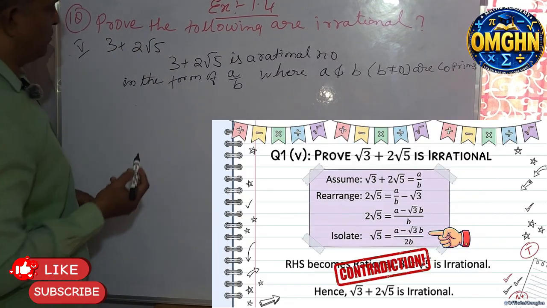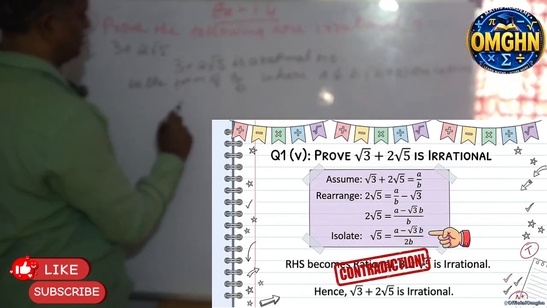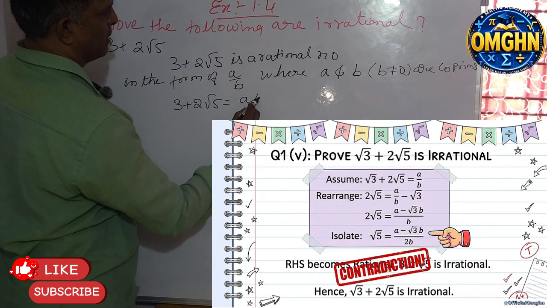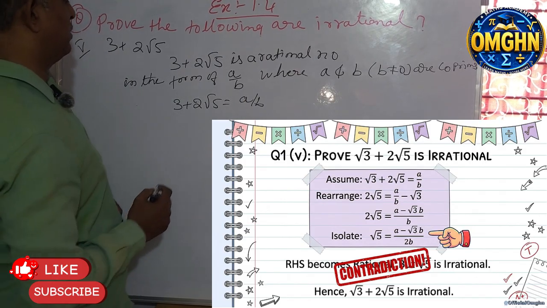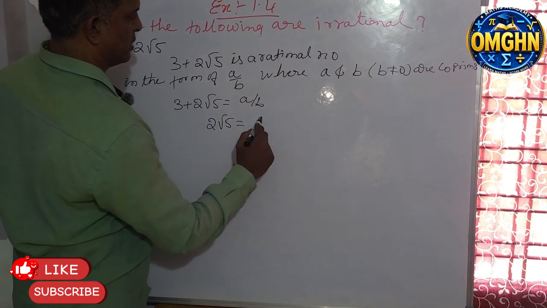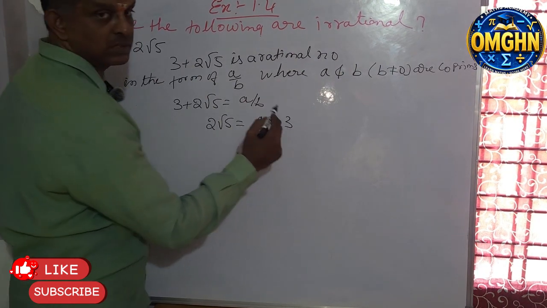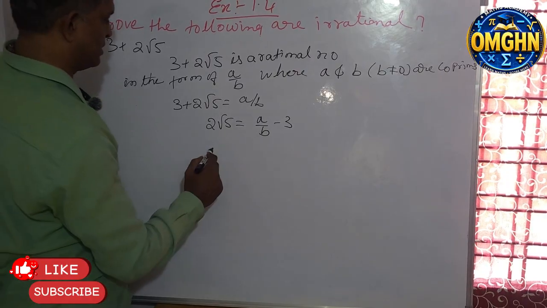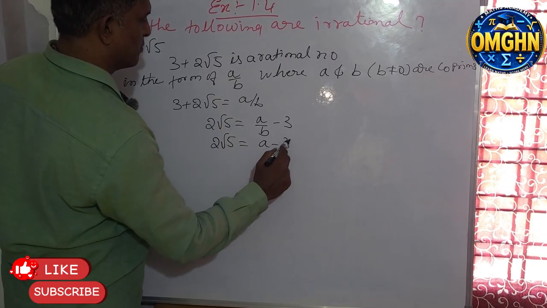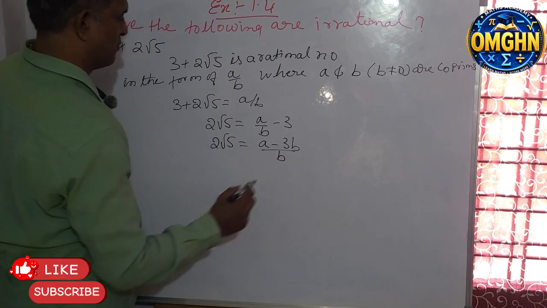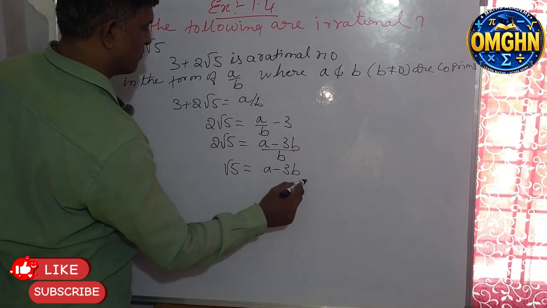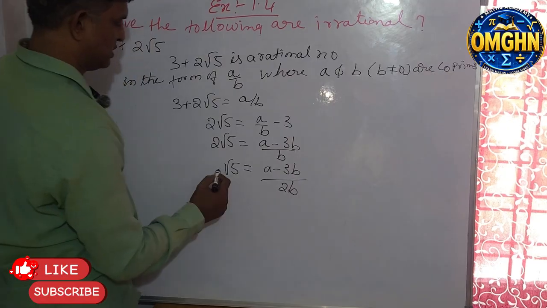Okay, now 3 plus 2 root 5 equal to a by b. What we will do? 2 root 5 equal to a by b minus 3. Okay, I am taking the LCM here. Now root 5 equal to, I am sending the 2 down.